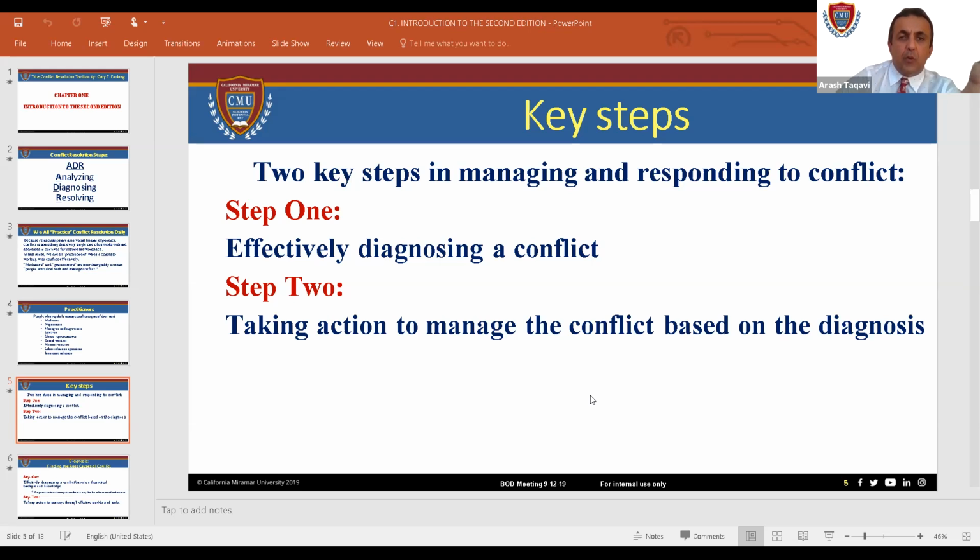After analyzing, we have a good diagnosis. After diagnosing, based on the models that you will learn in the next 8 weeks, you will learn 9 models for conflict resolving. Each of them has a very specific pattern for diagnosing your conflict. But finally, you have 9 models for resolving your conflicts.